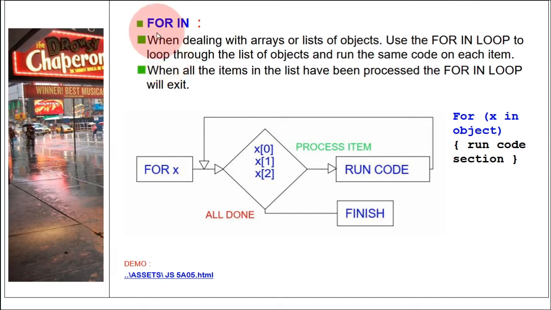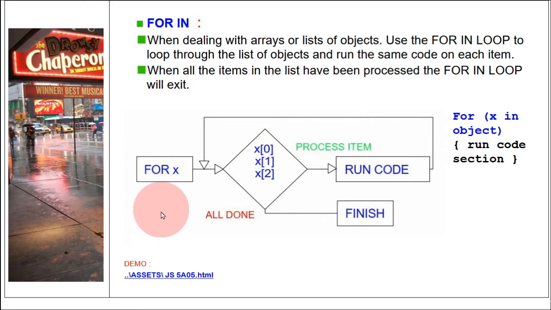So we say for in, when dealing with arrays or lists of objects, use the for in loop to loop through the list of objects and run the same code on each item. When all the items in the list have been used up and processed, the for in loop will exit.